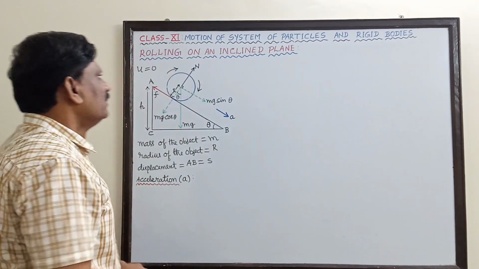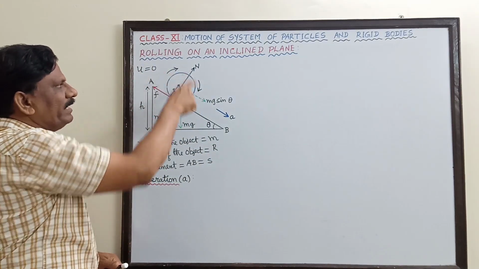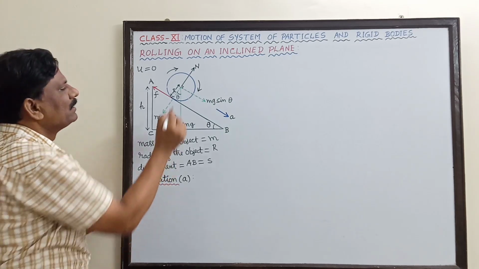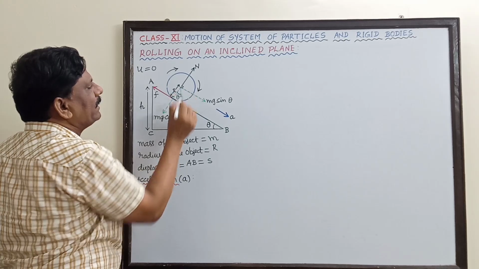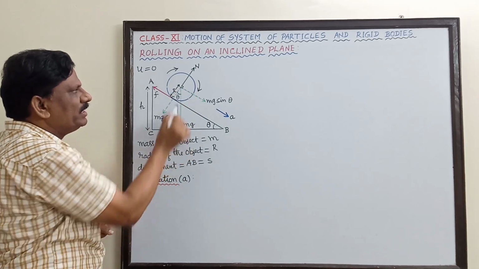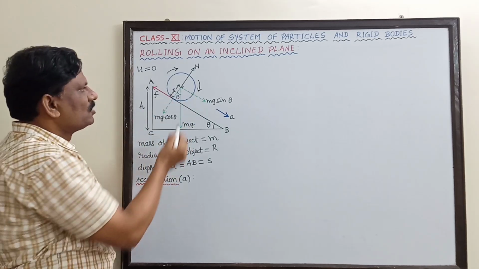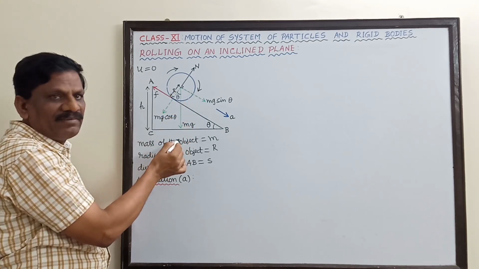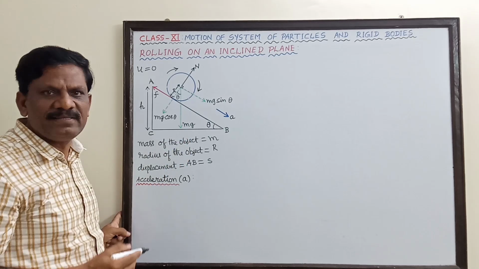So, what are all the various forces acting on the body? Let us see now. At the center, its weight mg is concentrated. I have drawn a straight line perpendicular to the horizontal surface, that is mg. mg is its weight.